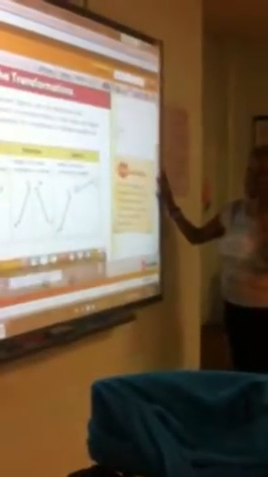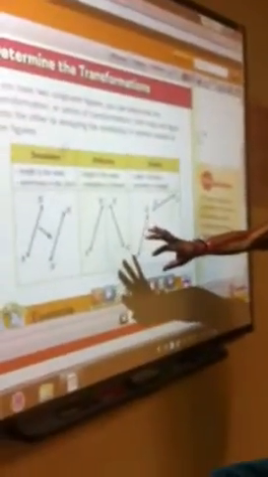Let's look at the transformations and just see the difference between them. If you have two congruent figures, you can determine the transformation or the series that maps one figure onto the other. Here's a translation. Same length. What happens? What's the action? Very good. Slide it over. Electric slide.